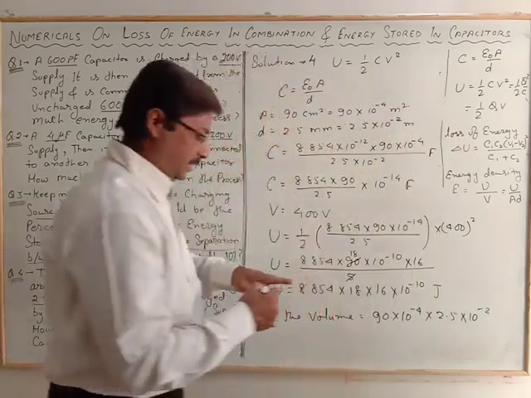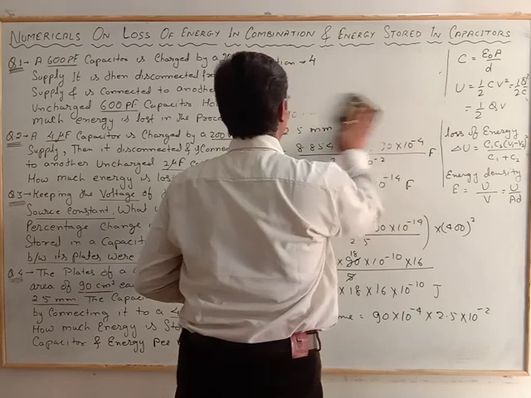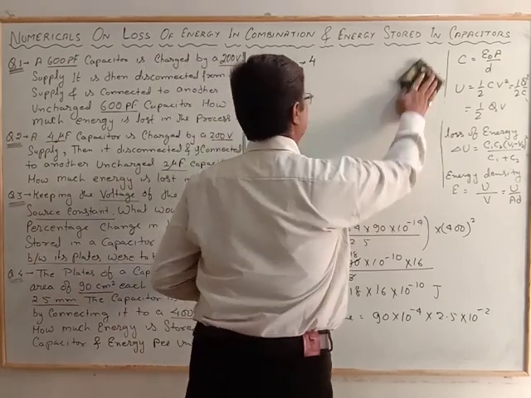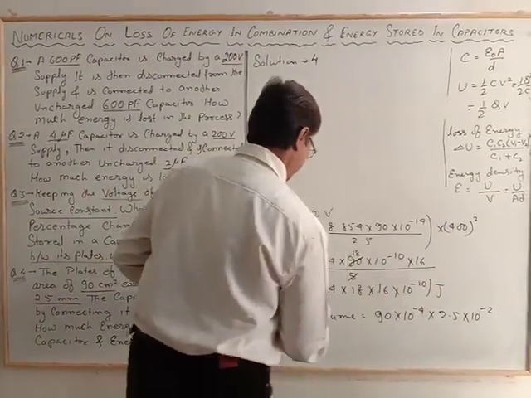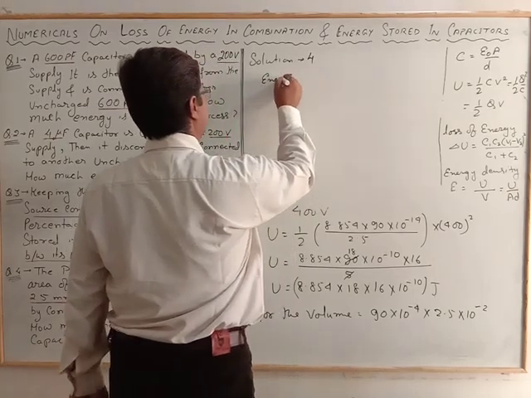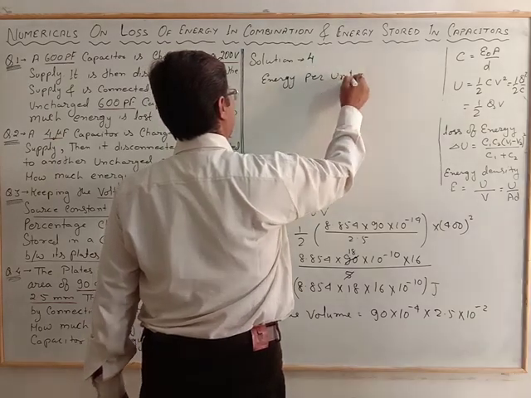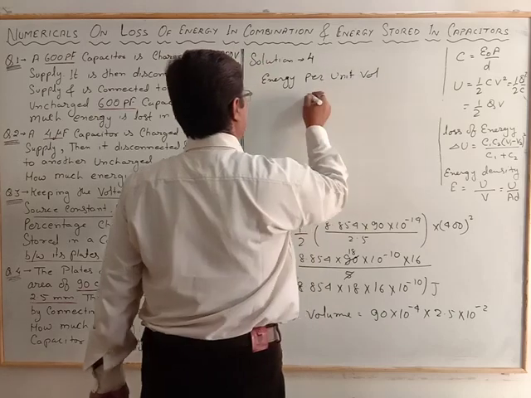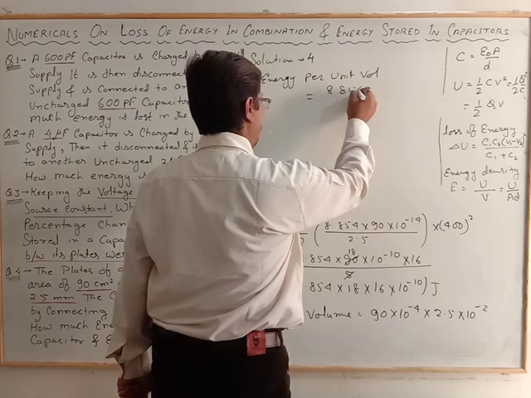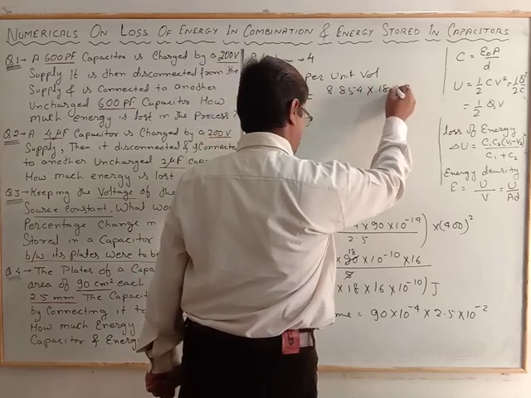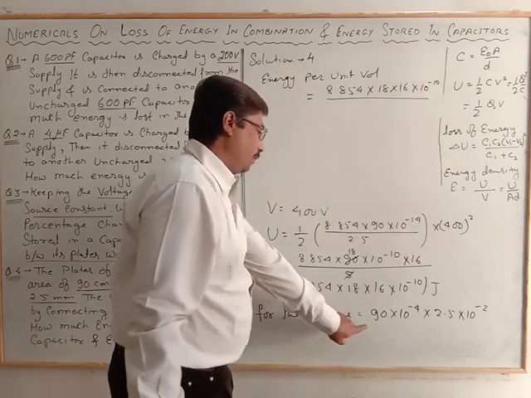Now for the energy per unit volume, that is equal to the energy U, which is 8.854 into 18 into 16 into 10 to the power minus 10, divided by the volume.